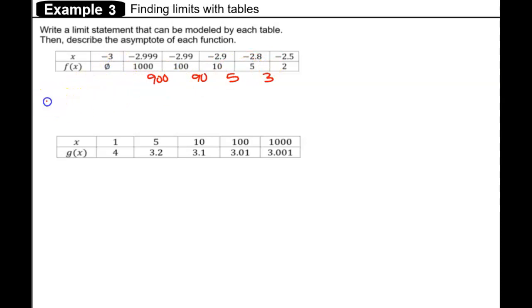So that means that the limit as x approaches -3, and we're getting there from the right side, we put a plus as the superscript, and this function is f.